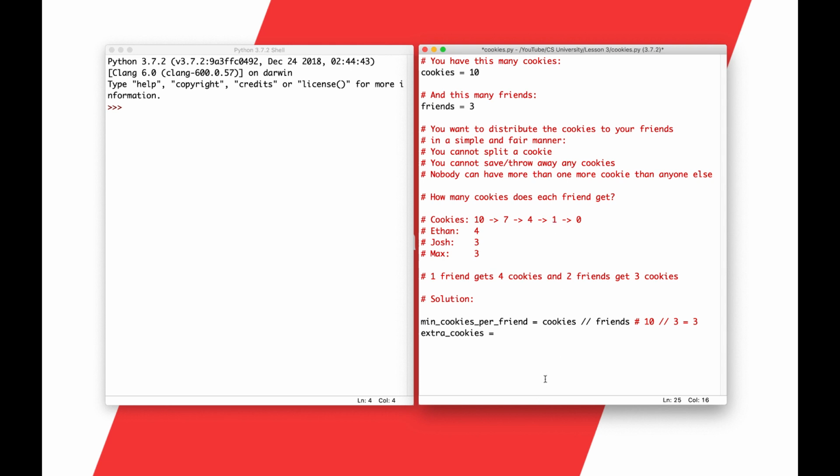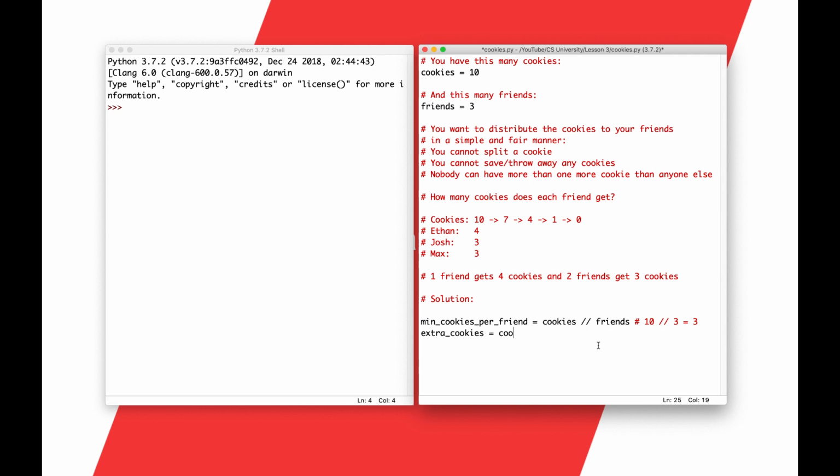But just to go off of the lesson that we're on, there is another way that we could do it. What we're asking here essentially is, if we divided up all of these cookies evenly amongst the people, what's the remainder? How many cookies are left, right? And so the number of extra cookies is just the remainder of this division. It's the remainder of cookies divided by friends.